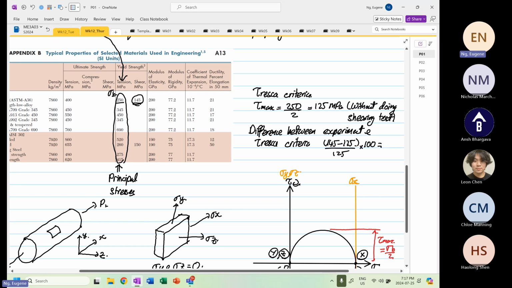So the difference is what? 20 divided by 125 is 16% difference, which is not bad. You don't need to waste time doing tests.